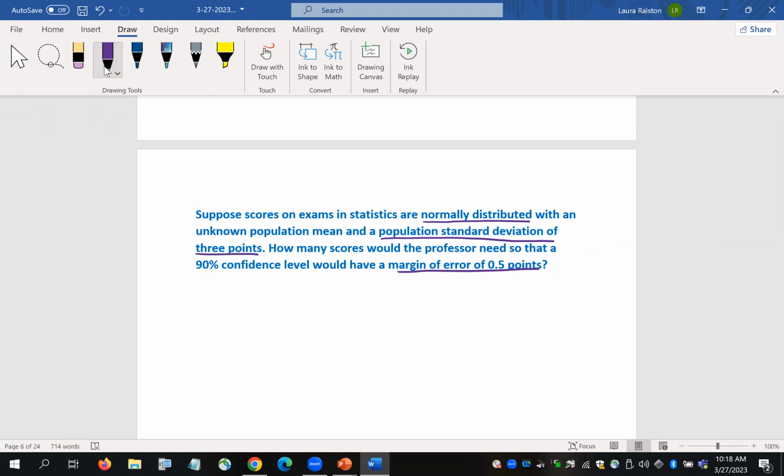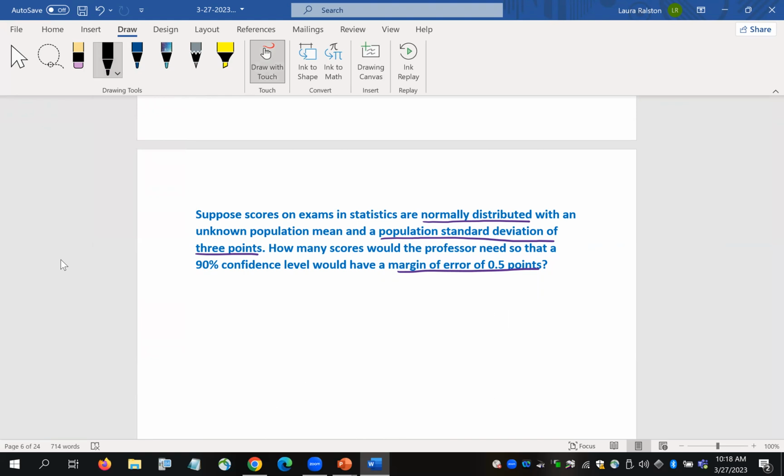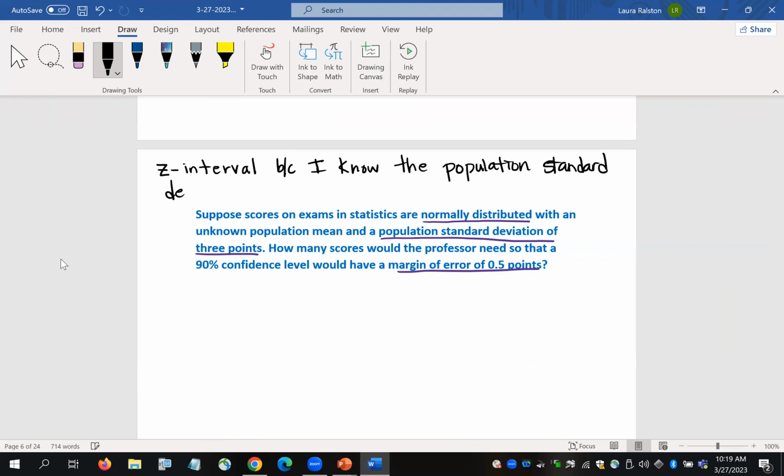Okay, again, I'm not really doing a Z interval because I'm asked how many scores, but you need to realize this is or would be a Z interval because I know the population standard deviation.